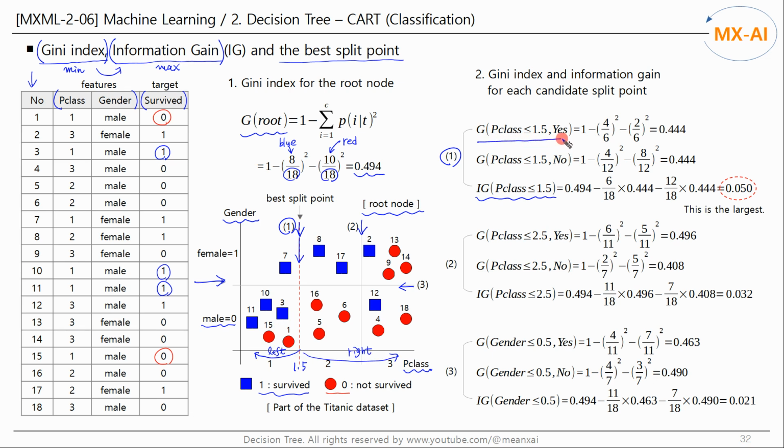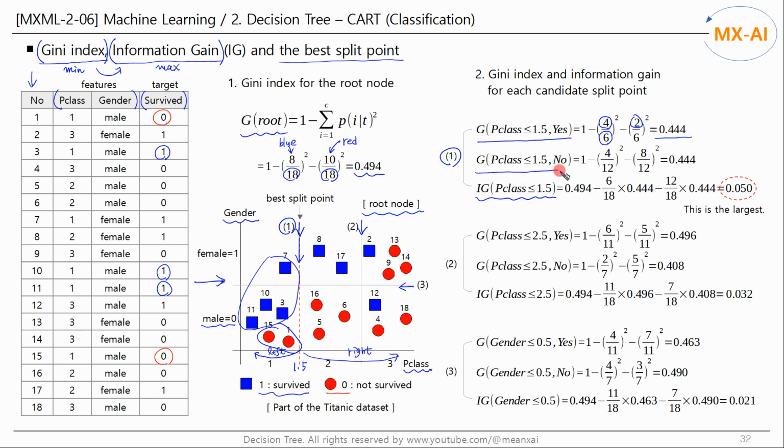We calculate the Gini index of the left child node. The left child node contains 4 blue data points and 2 red data points for a total of 6 data points. Then the Gini index of this node comes out as 0.444.